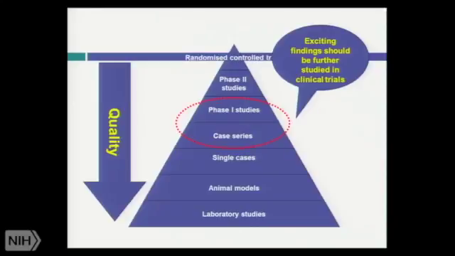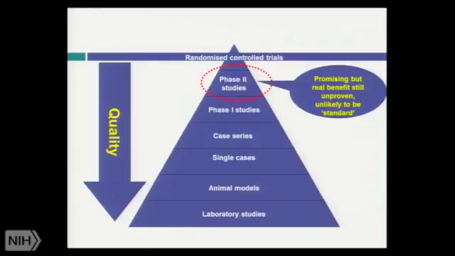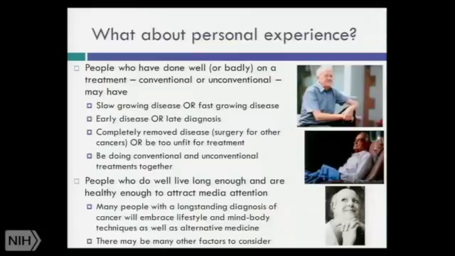But what they should be doing at that point is looking at ways to further study that information, particularly through phase 1 clinical trials. And then things that reach phase 2 clinical trials often are promising, extremely promising, but the real benefit remains unproven, and that's why they're often only available on the clinical trial, not as standard treatment, until they've been proven to work in a randomised controlled trial.